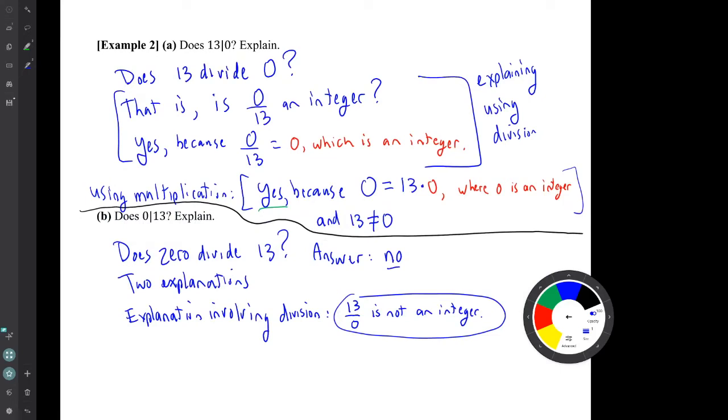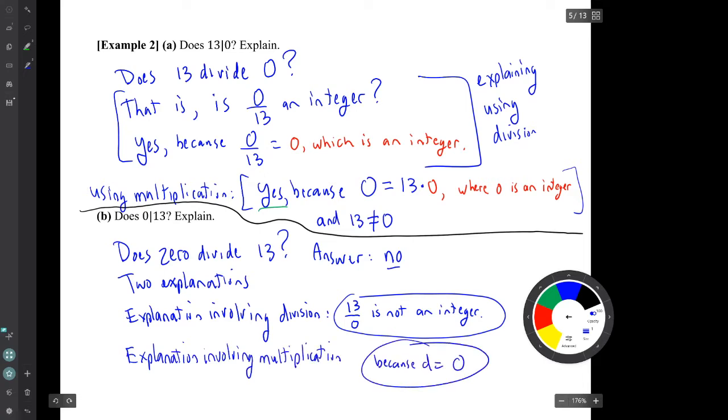Now, I can also have an explanation involving multiplication. And that can just simply be because d equals 0. So our answer is no, and the reason is because d equals 0. That explanation refers to the second way of defining divisible.